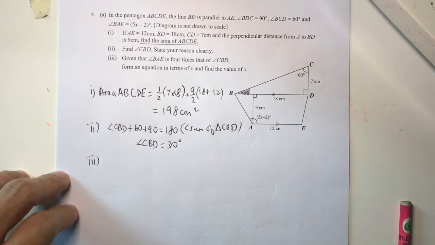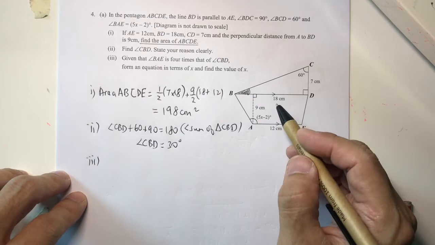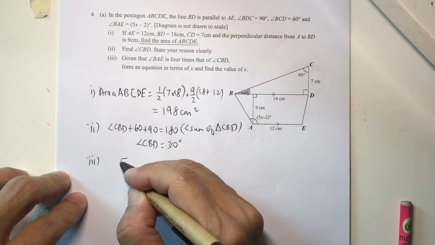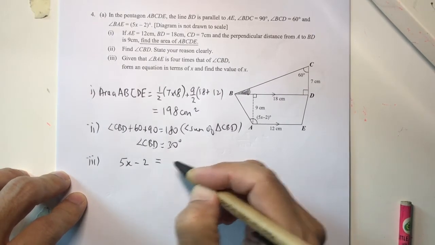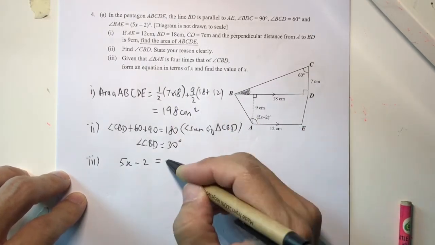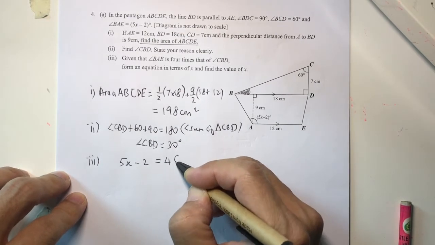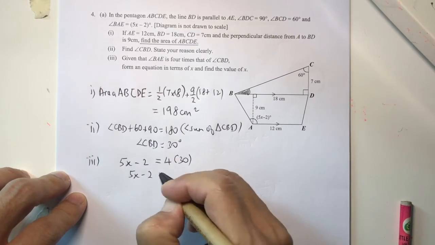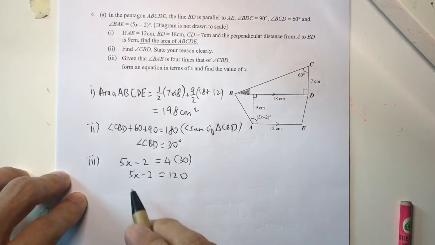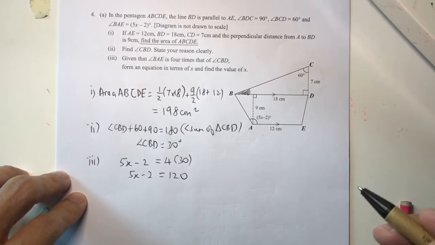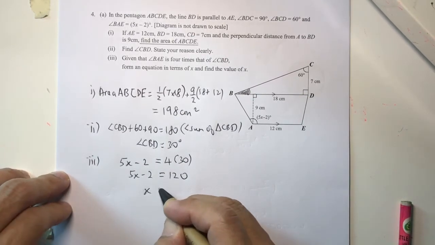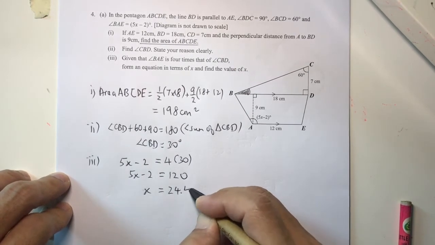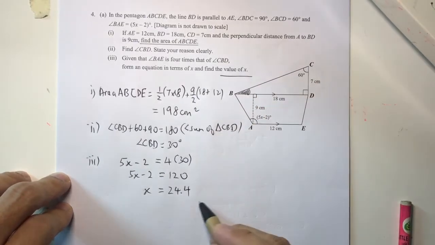In part 3, we are given that angle BAE, which is 5x minus 2, is 4 times angle CBD, which is 30. So the equation is 5x minus 2 equals 120. And solving this, we have x is 24.4. We need to find the value, so there are no units.